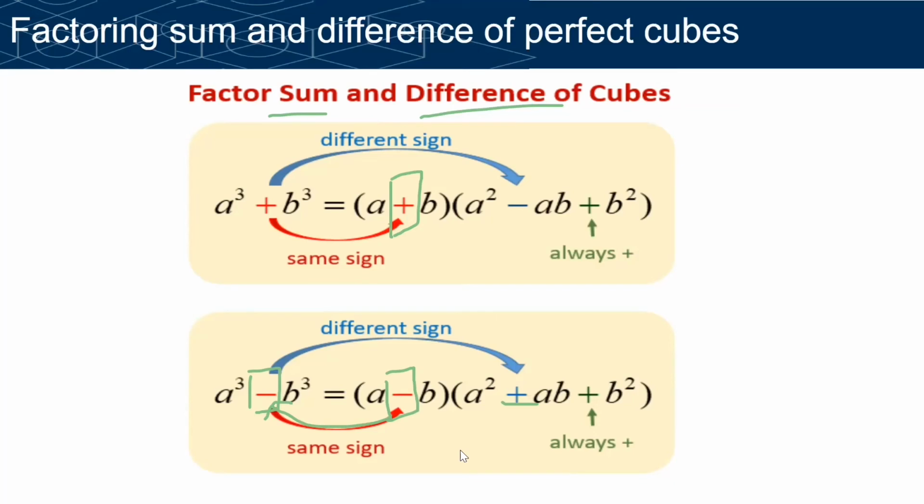So if you had minus, it's obviously going to be plus. And then your third sign, like always, is a positive sign. Okay, so try to picture the differences between the sum and the difference formula, and then it's going to be easier for you.